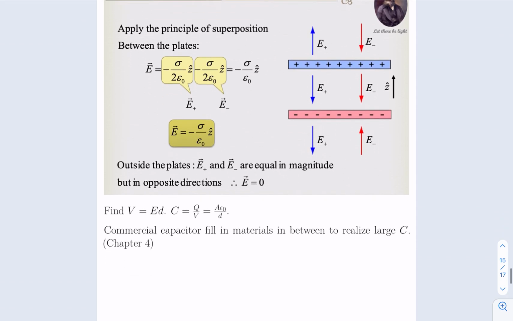In reality, for commercial capacitor products, there will be materials filling this gap, because the epsilon naught of the vacuum is really small. If you add a material, you can replace this small number by a larger number. We will discuss this in chapter 4, so that's the chapter after 4 weeks.